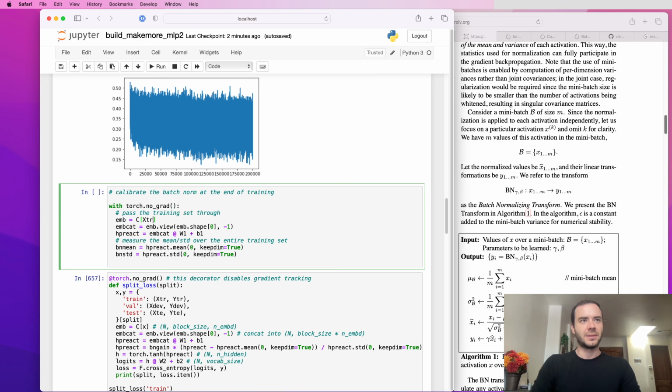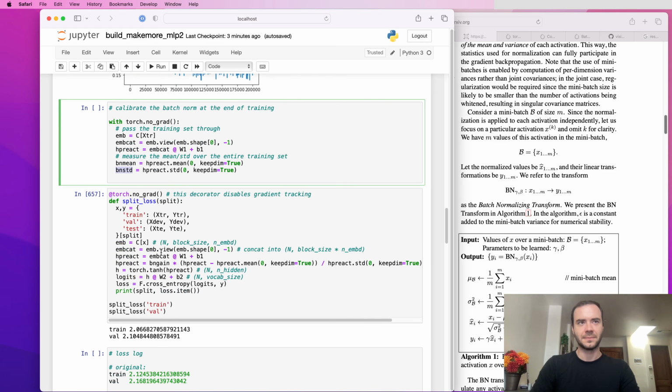Basically what we do is torch.no_grad, telling PyTorch that we will not call .backward on any of this, and it's going to be a bit more efficient. We're going to take the training set, get the pre-activations for every single training example, and then one single time estimate the mean and standard deviation over the entire training set. And then we're going to get bnmean and bnstd, and now these are fixed numbers estimated over the entire training set.